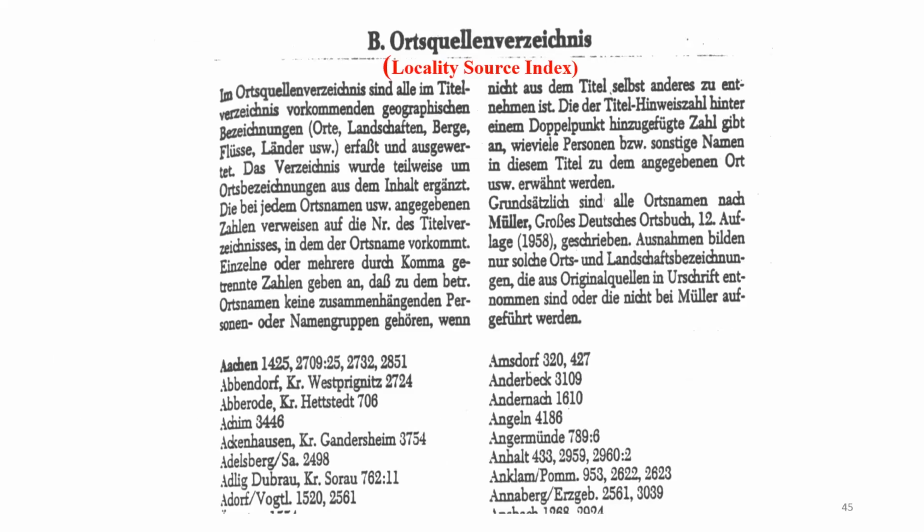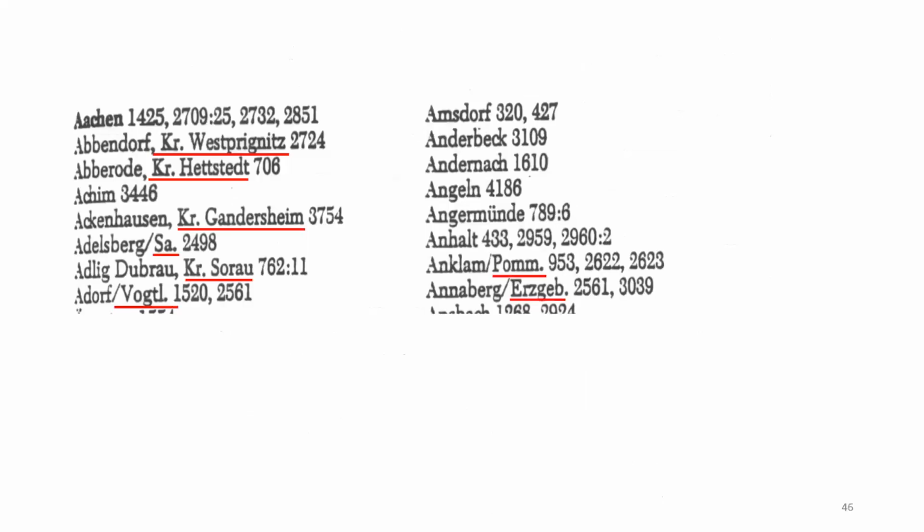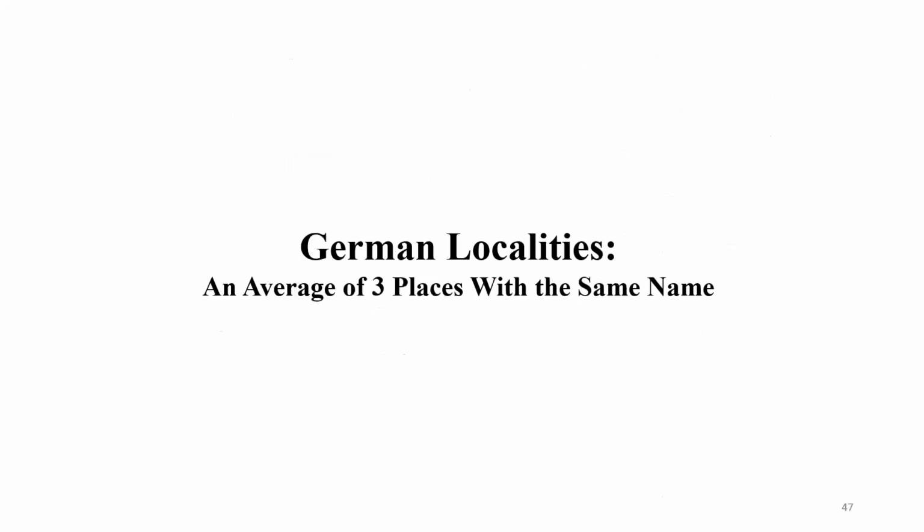In searching the locality index, you may find entries with a second locality following the name in the index. These are often government locality identifiers and clarifiers. Some of the second names may be abbreviated or have an abbreviation in front of them. Concerning the localities in Germany, the reason why some of them have identifiers or clarifiers is because there's an average of 3 places by the same name in Germany.